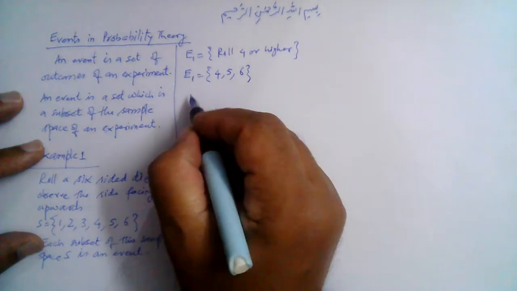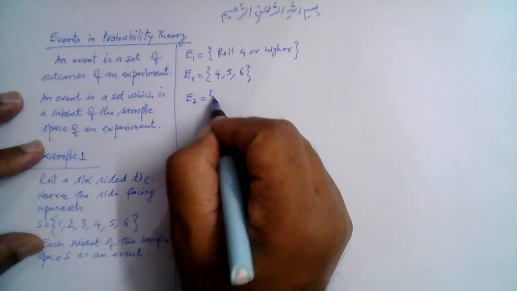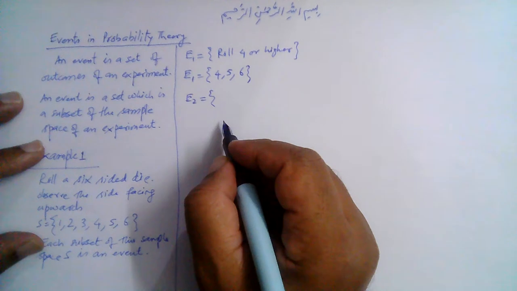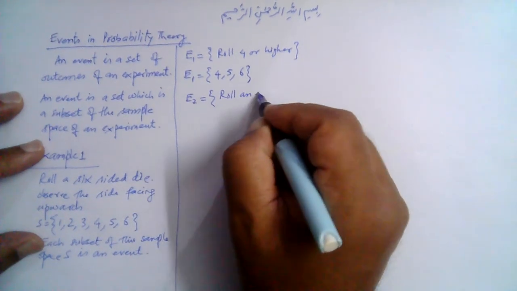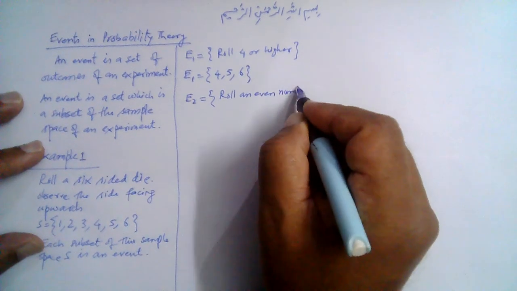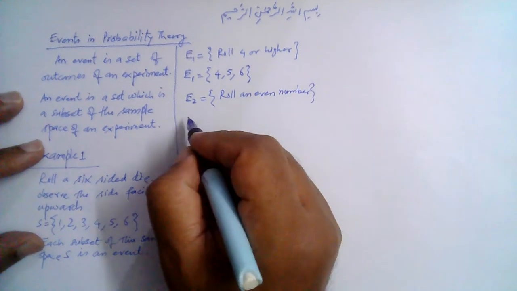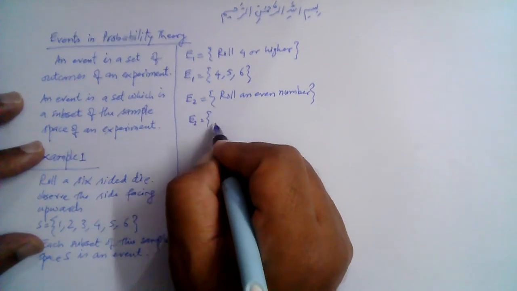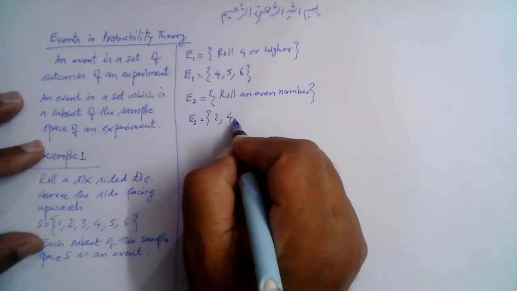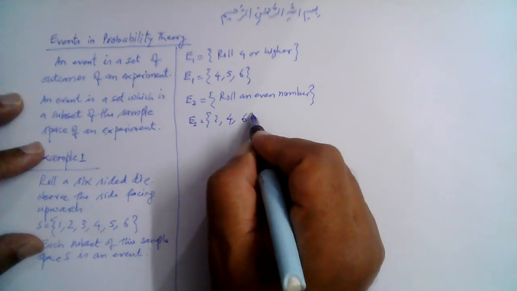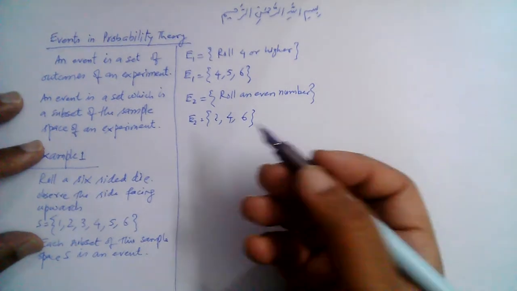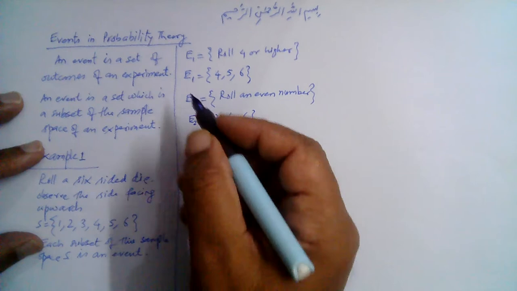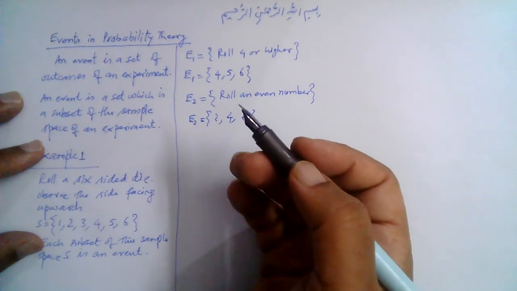Or another possible event is E2, for example, roll an even number, right? So this could be 2 or 4 or 6, right? So these are possible events, a few of the many possible events.